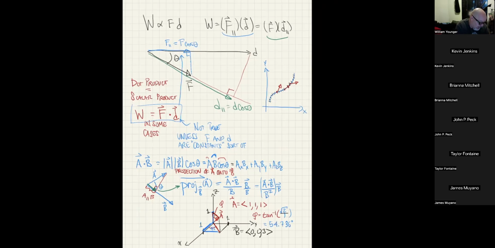So I'm going to say, first off, that A dot B is equal to, now I'm going to take the X component of A, which is 1, and multiply it by the X component of B, which is 0. Do the same thing with the Y component. And then I'm going to do the same thing with the Z component. So in this case, I just get 3.